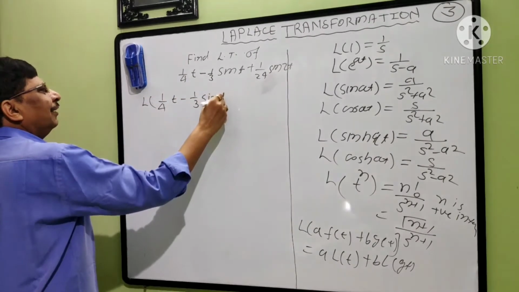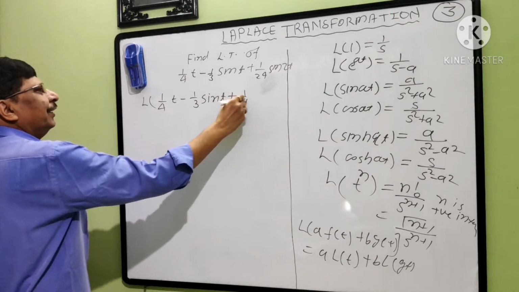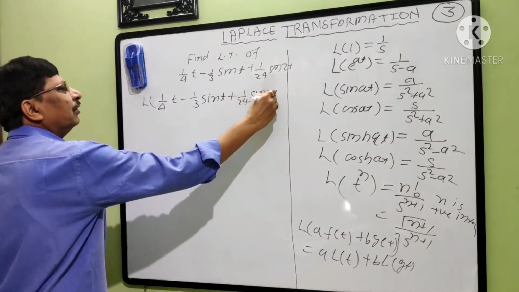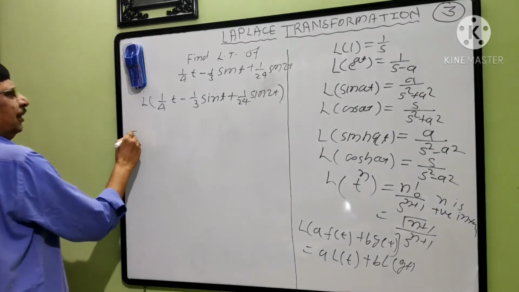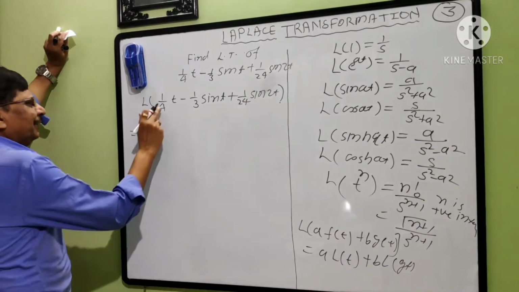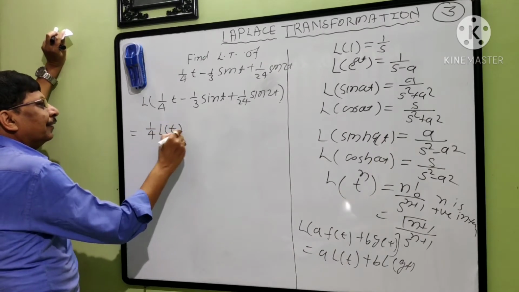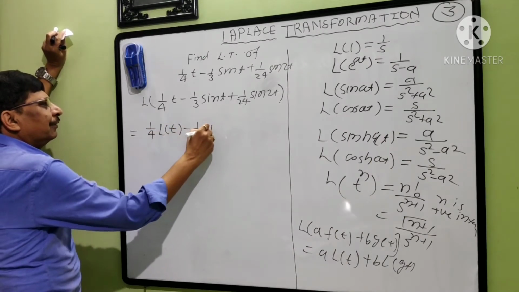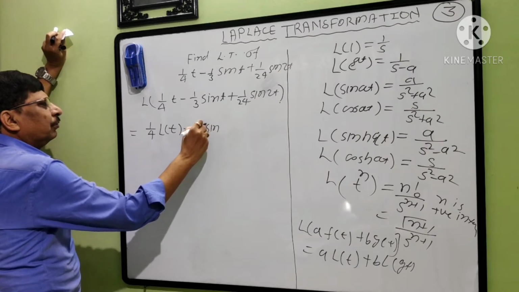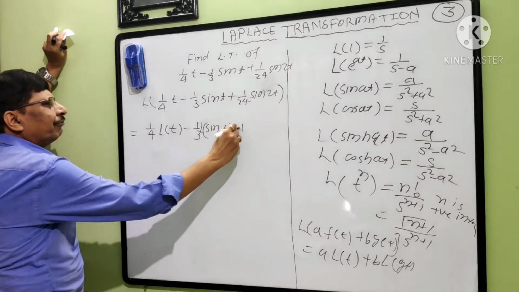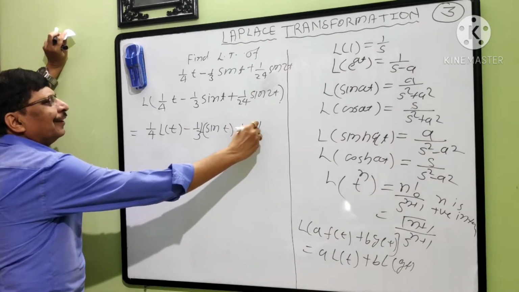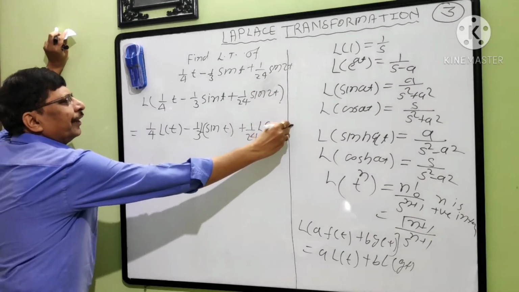Functions of t we are converting into functions of s. Now I am going to use the linear property, that means 1 by 4 outside, Laplace transformation of t, minus 1 by 3 outside, Laplace transformation of sin t, plus 1 by 24 outside, Laplace transformation of sin 2t.